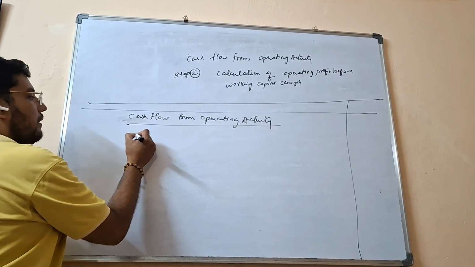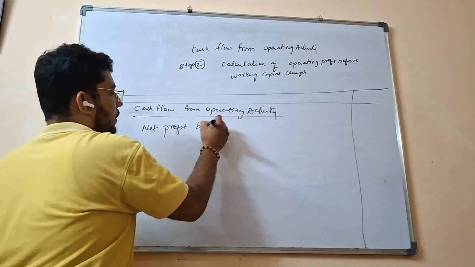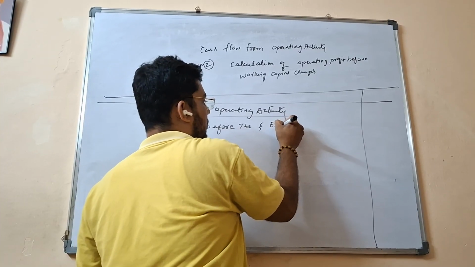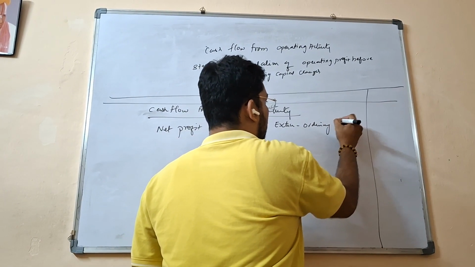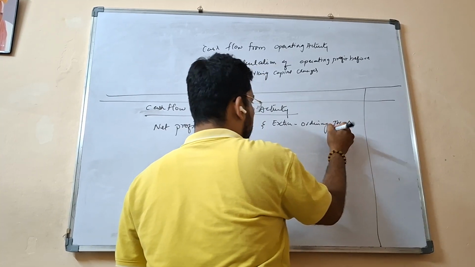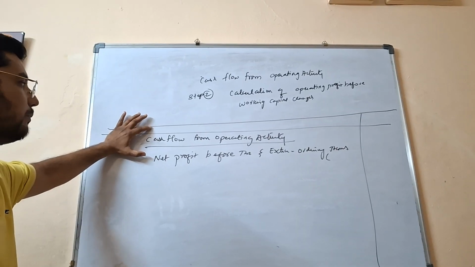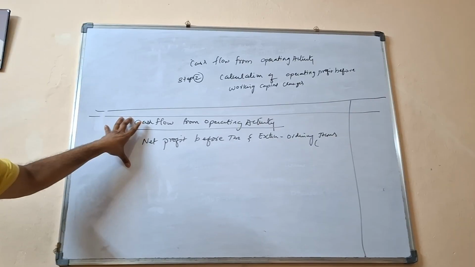So net profit before tax and extraordinary items, which we did in step 1. Step 2 onwards we can take it in cash flow statement.